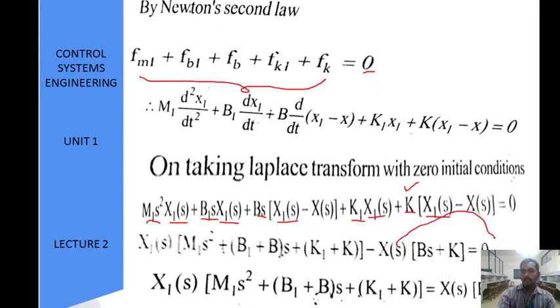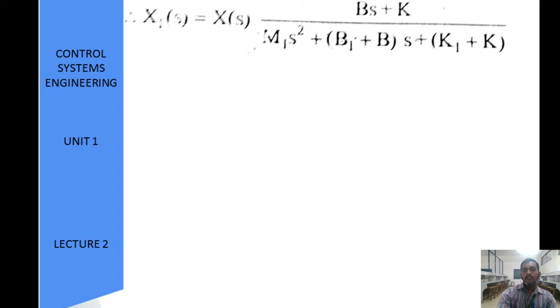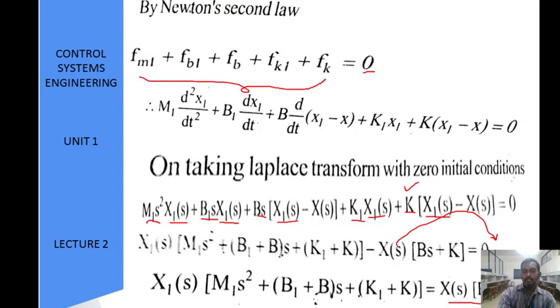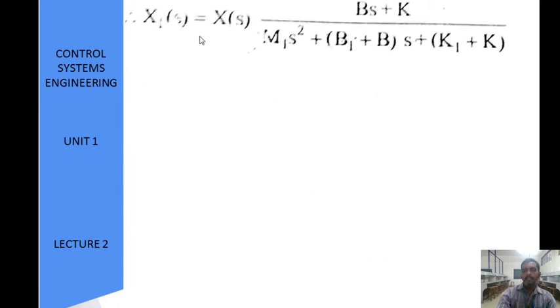So therefore we need only X1(s). What is our output? This is our output value, because this is the displacement for mass 1. Therefore X1(s) is equal to X(s) into (bs plus k) divided by (m1 s squared plus (b1 plus b) s plus (k1 plus k)).